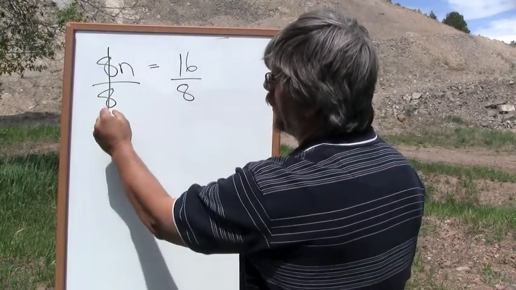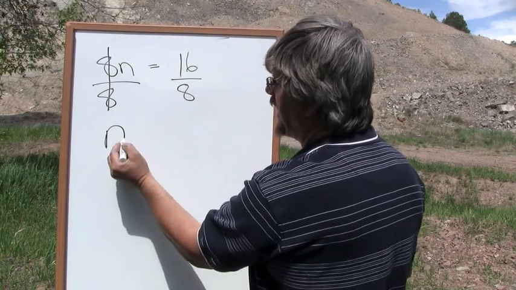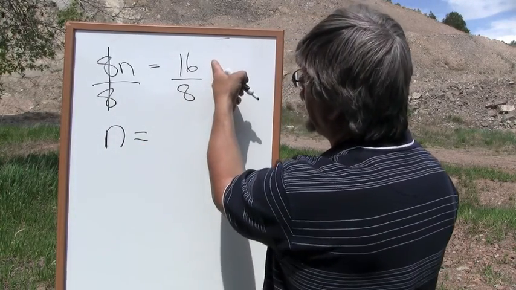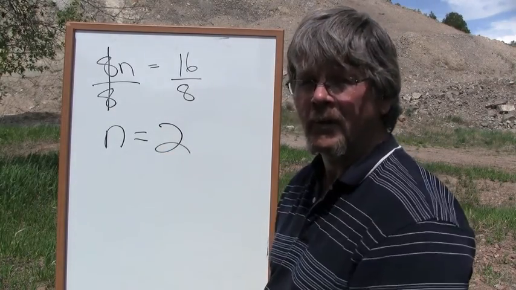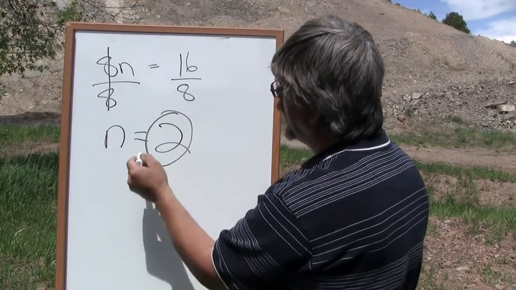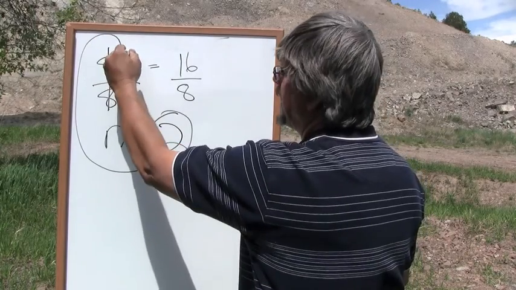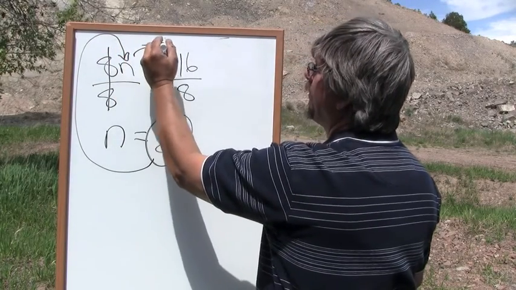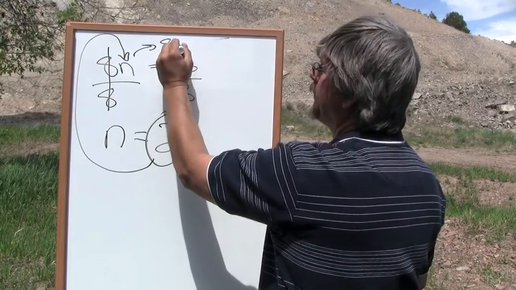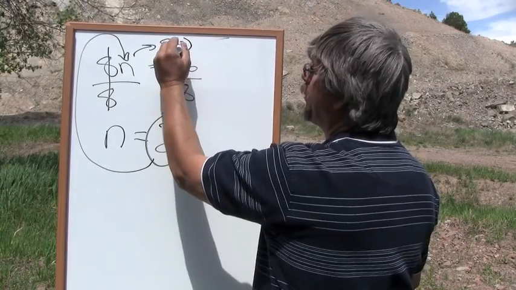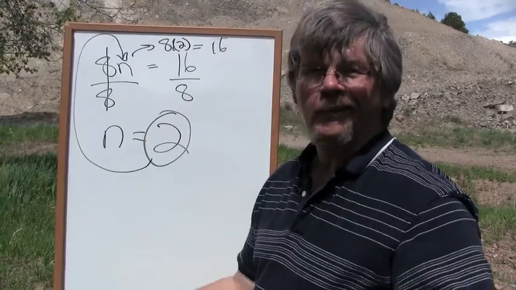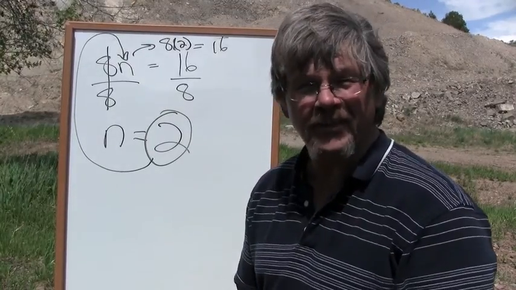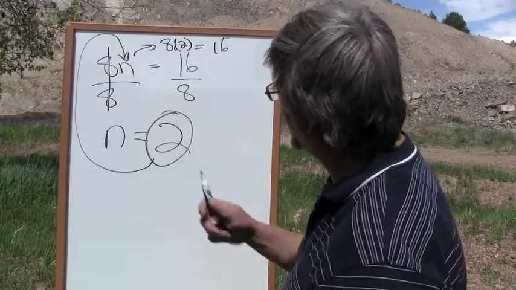So this goes to 1, so this means n equals 16 divided by 8, which is 2. Then you take your 2 and you plug it right back into that n, so that you have 8 times (2) equals 16. It's that simple. Isn't that astonishing? I love how this works.